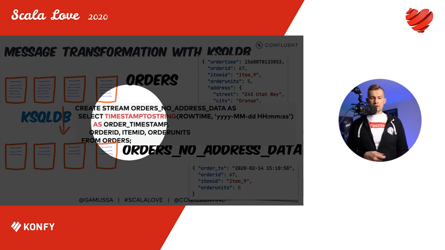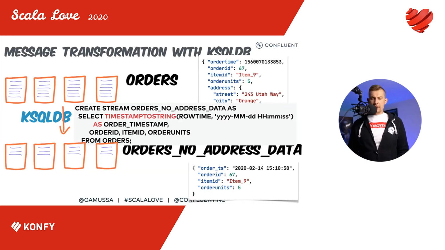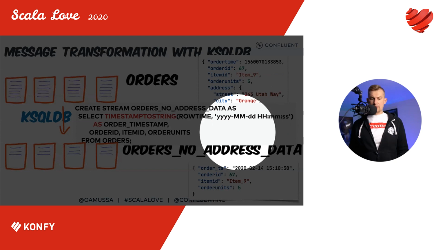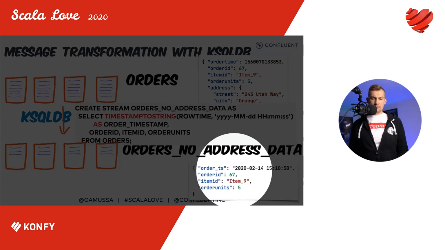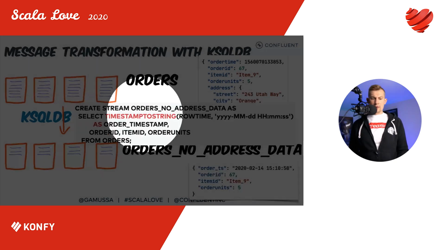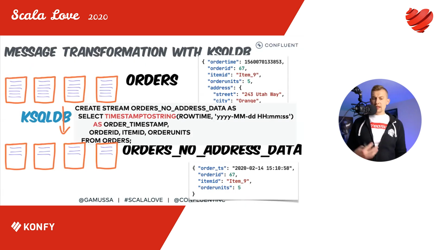And we're applying the function timestamp to string, so we can define the format we want this to look like. In the result, it looks like this. So it's pretty powerful. You don't need to write code to do simple things like this.